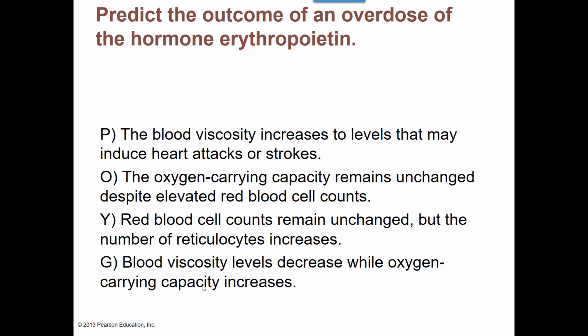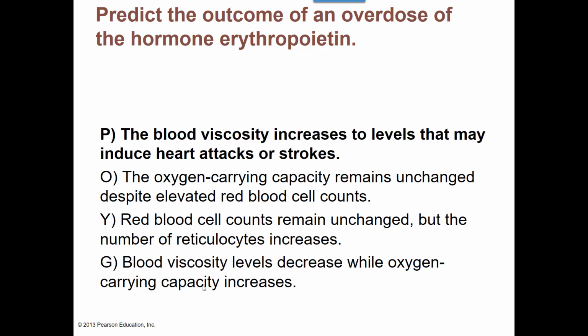If you have too much of this particular hormone, you're going to increase your blood viscosity. And if it becomes viscous or thick enough, it can trigger heart attacks and strokes, both being deadly. Now, after this, we get into the white blood cells, but intro-wise, we're going to end right there talking about the red blood cells.